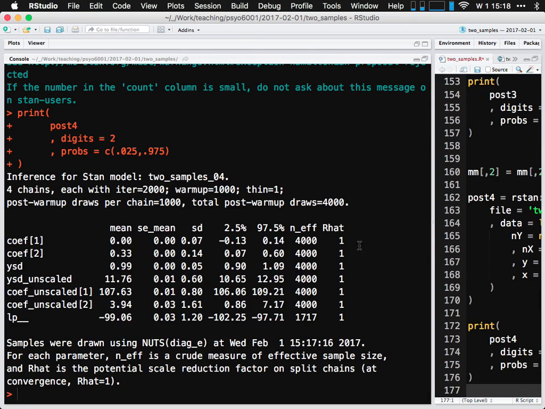So having sampled, we now have ysd unscaled. This is the estimate for the standard deviation within each group, again assuming the model expresses an assumption that each group has the same standard deviation.